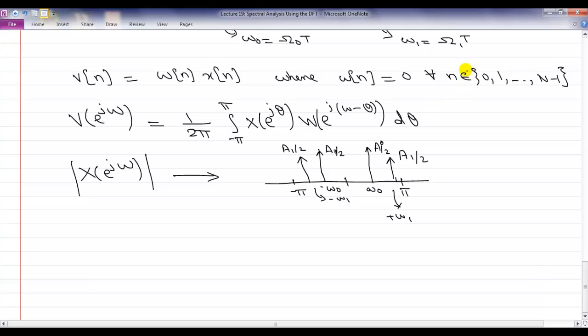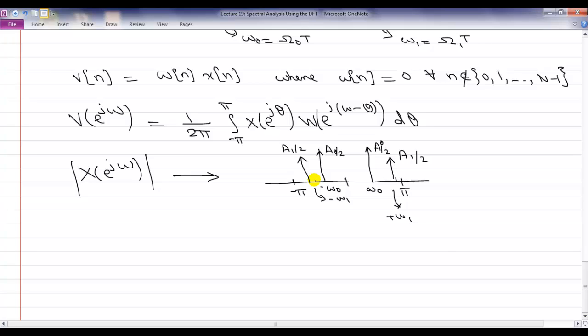So this should be n belonging to 0 up to N minus 1. Okay, so we are now looking at periodic convolution of x with w. Now what does convolution do if our original signal just consists of impulses? Even though it's periodic convolution, the general principle remains the same. We'll just get the Fourier transform of W shifted to the locations of these impulses.